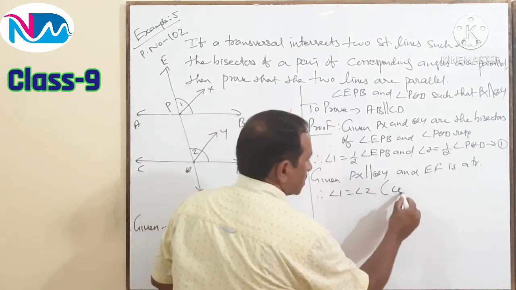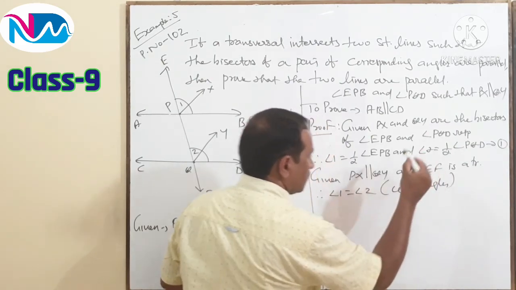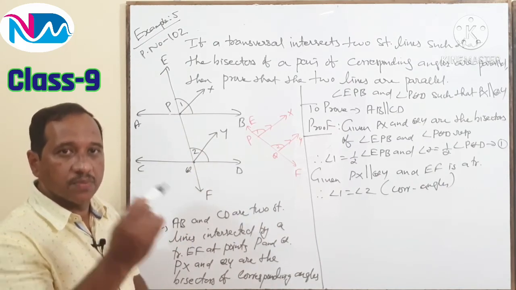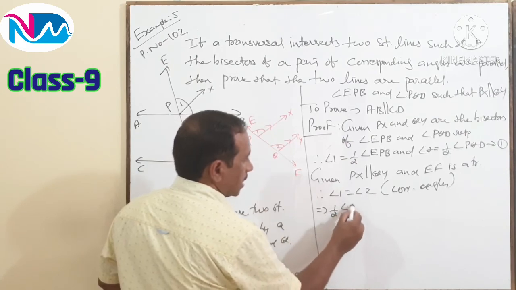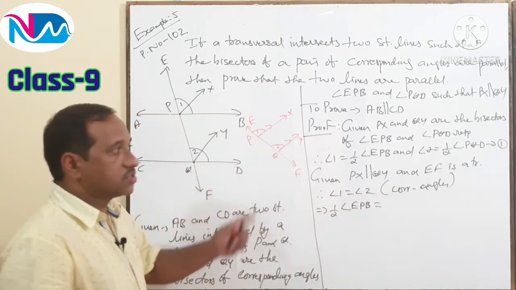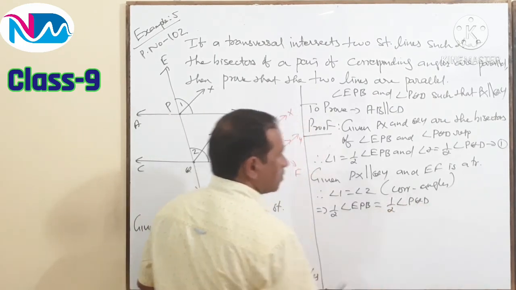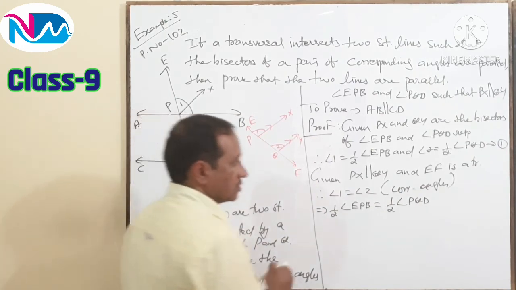So the reason is they are corresponding angles. Angle 1 is equal to angle 2 means we can replace angle 1 with half of angle EPB and angle 2 with half of angle PQB, that is using equation 1.